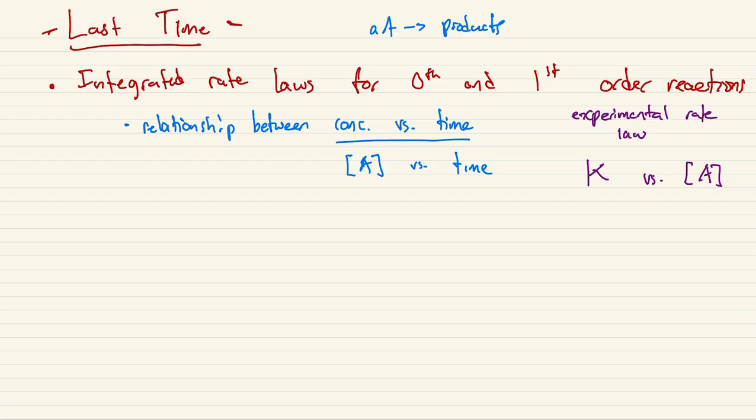Right, and we use this experimental rate law for 0th, first, and also for second order reactions as well, to then figure out the relationship of the concentration versus time, right?